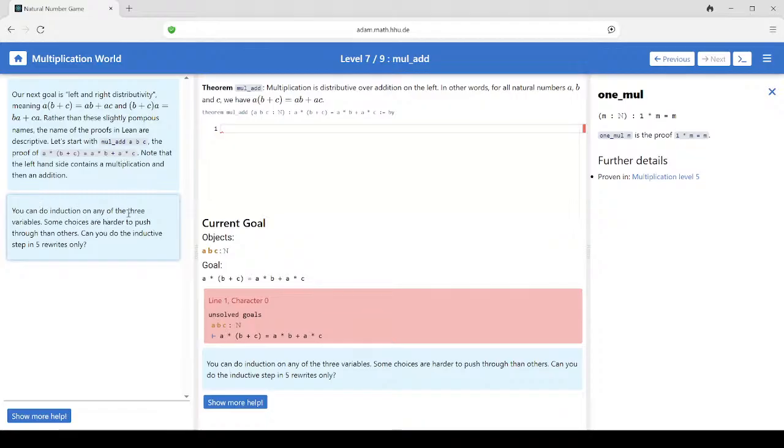You can do induction on any of the 3 variables. Some choices are harder to push through than others. Can you do the inductive step in only 5 rewrites? Okay, so that'll be our challenge once we figure it out, to try and do it in only 5 rewrites.